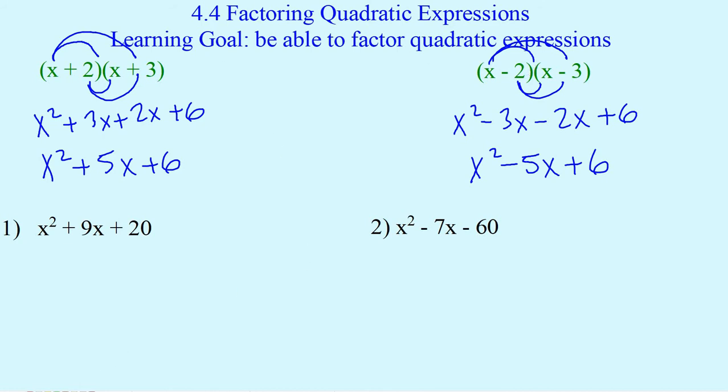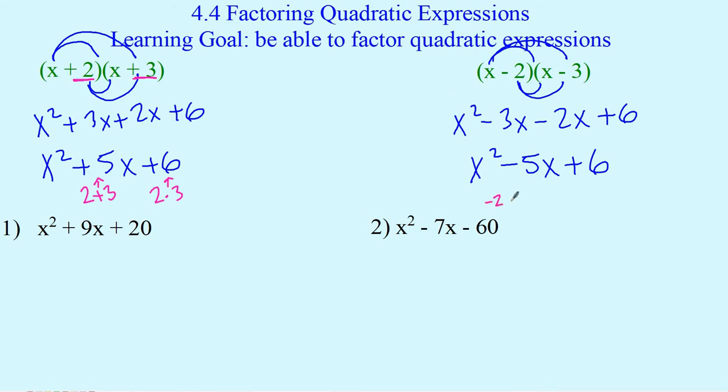So let's look at some connections here. Notice that when I take this number and this number, 2 plus 3 is 5, and 2 times 3 is 6. That was pretty cool. What about negative 2 and negative 3?